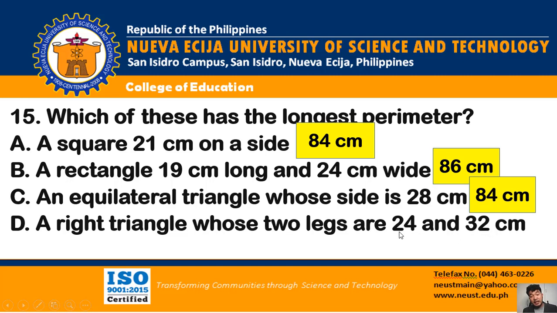Then you add 24 and 32, that is equal to 56 already, plus 33. That gives you 89 already, even if you only assume that the hypotenuse is 33, because you know that the hypotenuse is the longest side of the triangle. So the correct answer here is letter D.